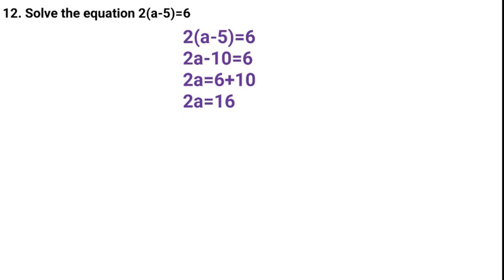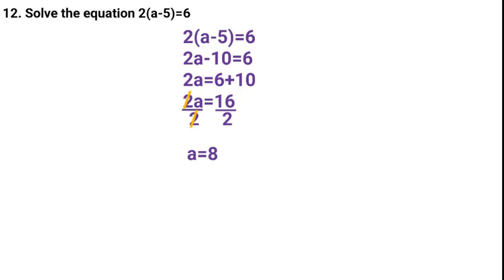Because I want to remain with a alone on the left side of the equal sign. So 2a divided by 2, the 2 on top is cancelled by the 2 down, leaving me with a, which is equal to 16 divided by 2, which gives me 8. So the value of a in that expression is 8.